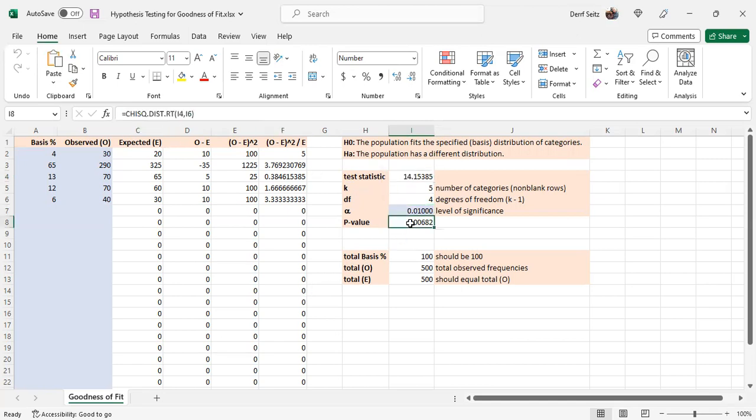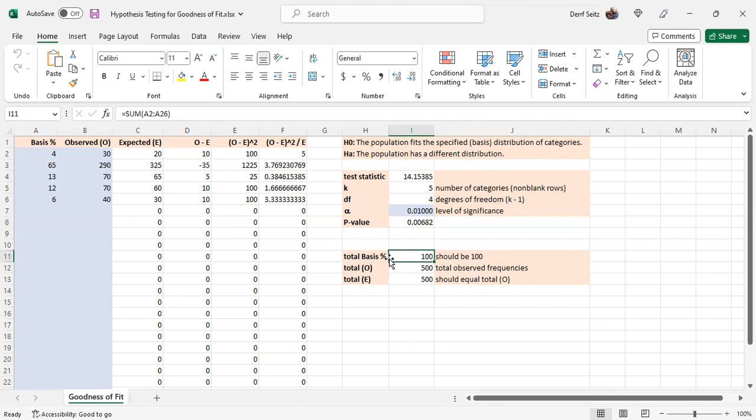And the p-value uses the chi-square distribution, right tail, passing in I4, which is the test statistic value, and I6, which is the degrees of freedom. It comes back with this p-value, 0.00682.